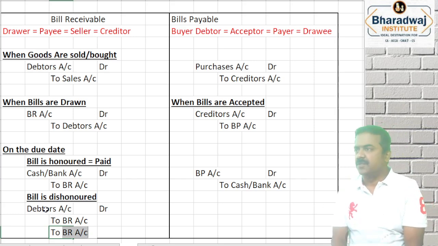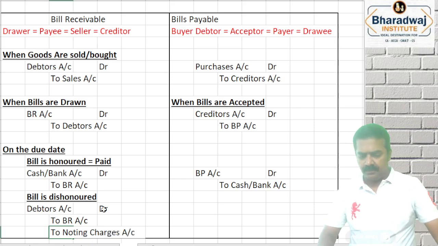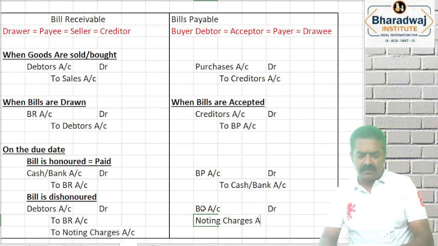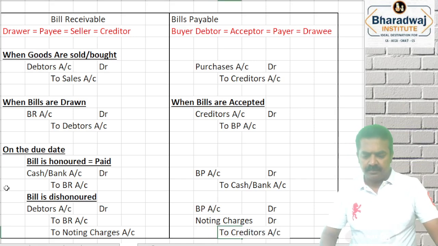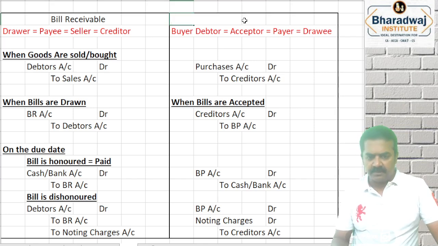We have to pay the charges, the noting charges. The other party will bear the noting charges. So bills payable account, debtor, noting charges account, debtor, then to creditors. So these are the basic entries on bills receivable and bills payable.